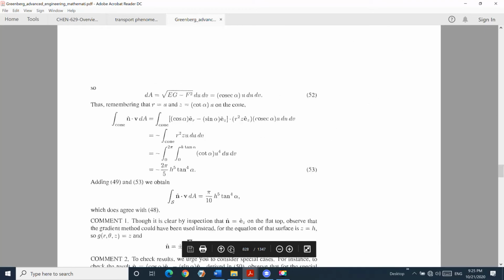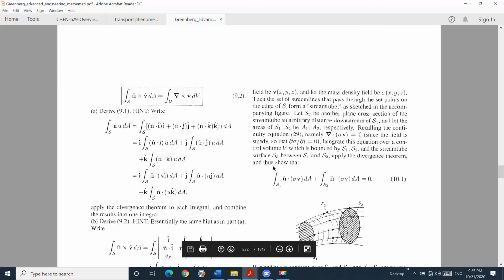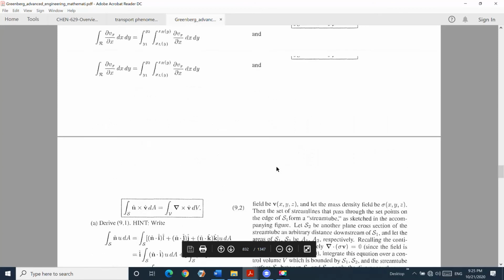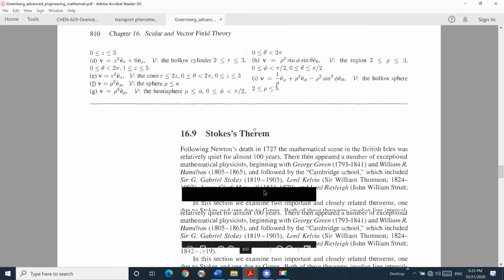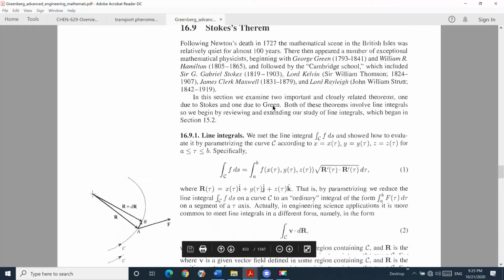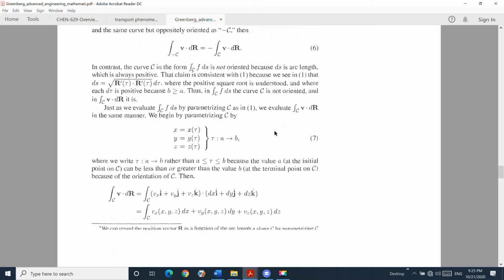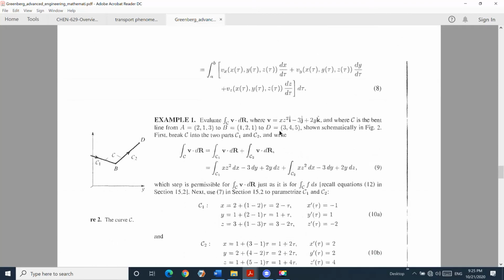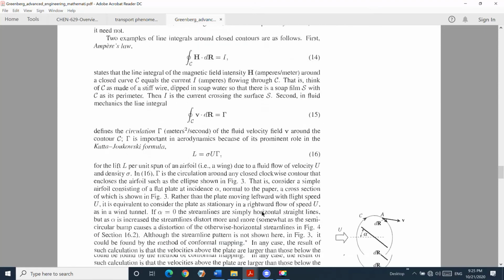So let's continue. Another important topic is the Stokes theorem. It's given here.